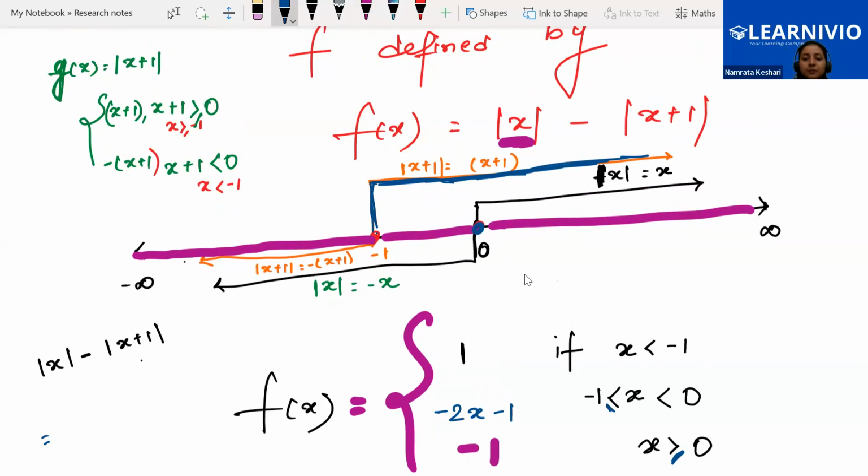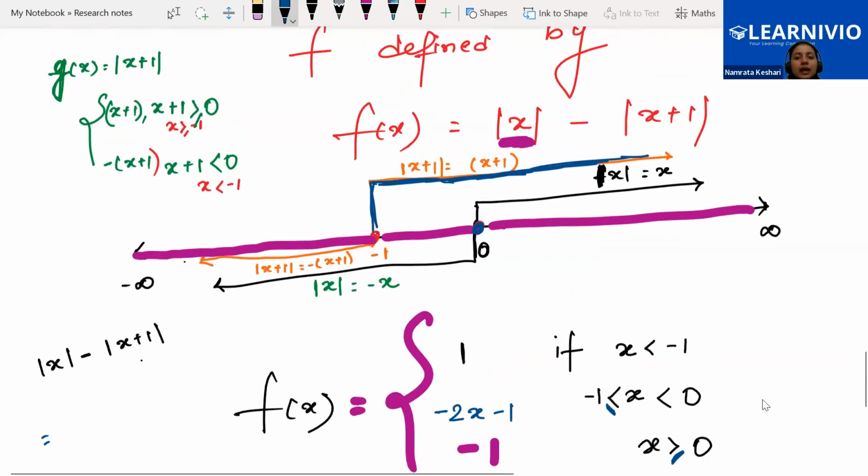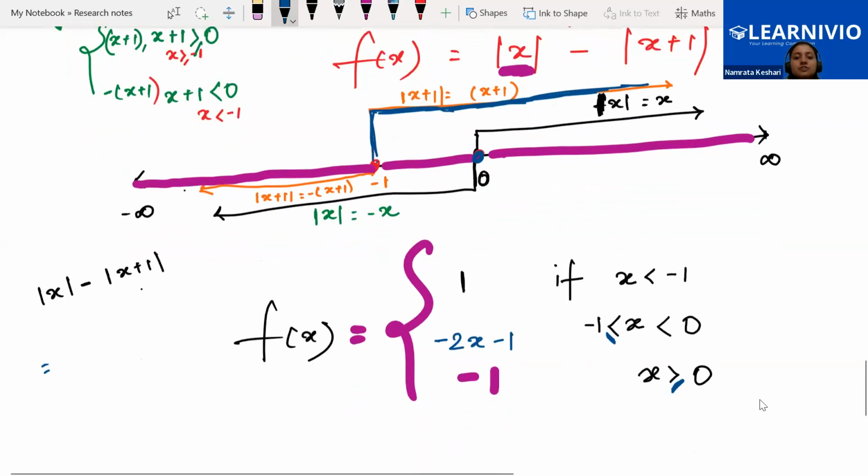Can you see it? Any confusion, Fatima? No. Okay, this is how we have just redefined our function, and hence now we will proceed from here.